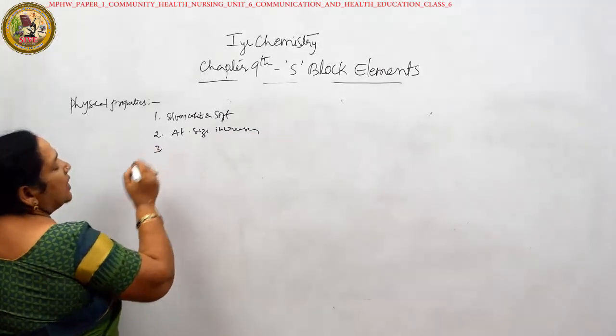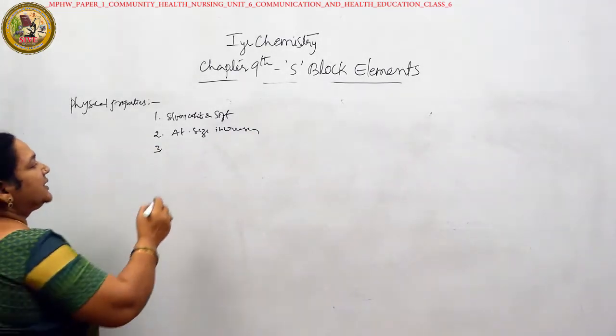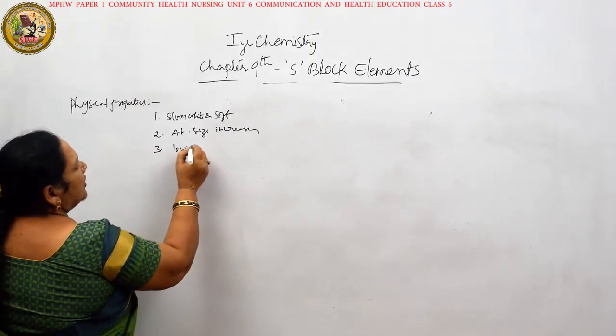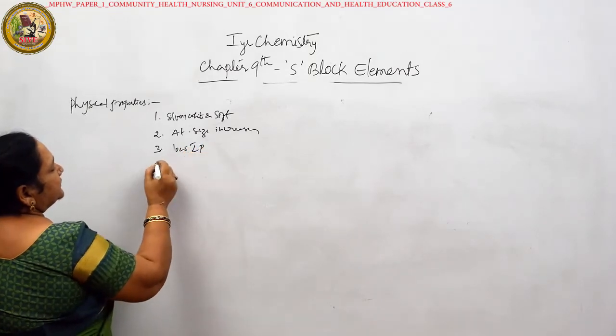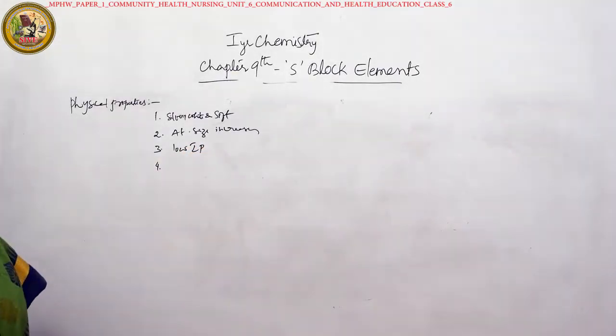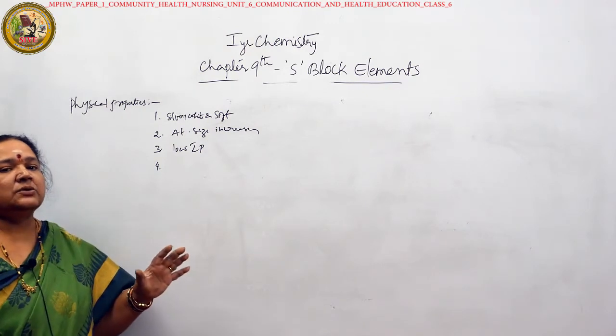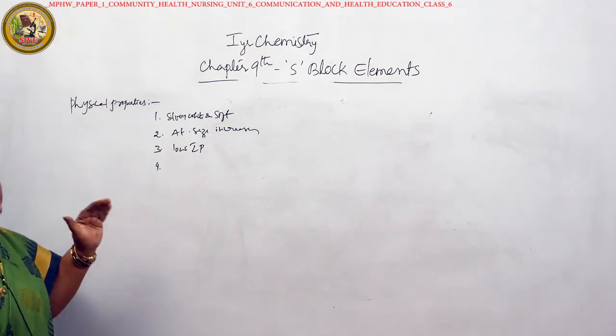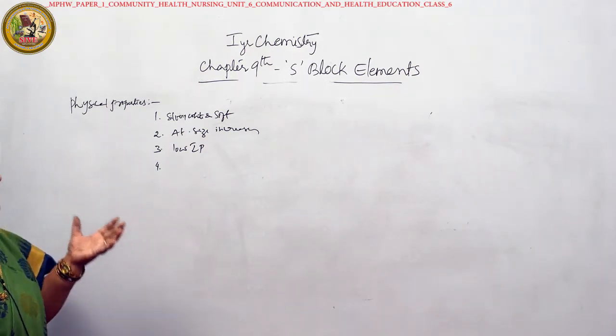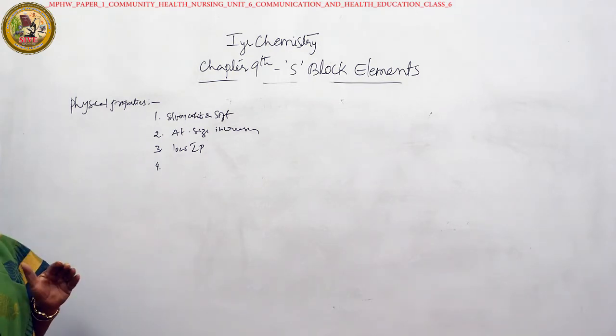They have low IP values. With increasing size, they have low IP, and these metals are very reactive. Because of their high reactivity, the metal sodium is stored in kerosene.